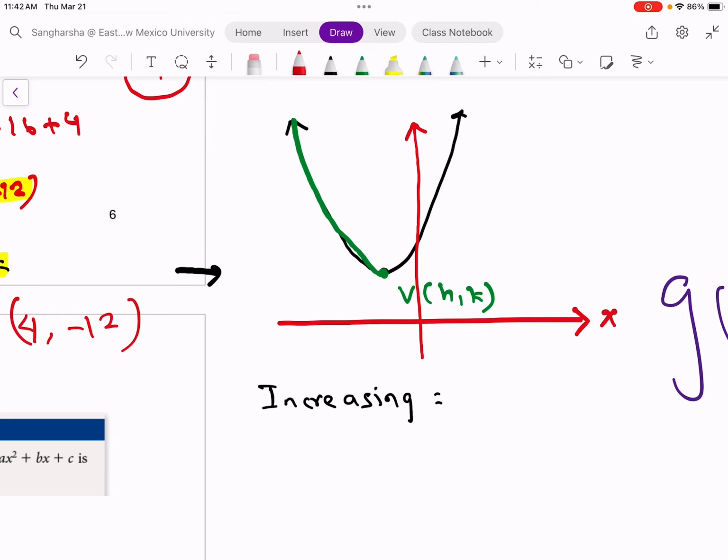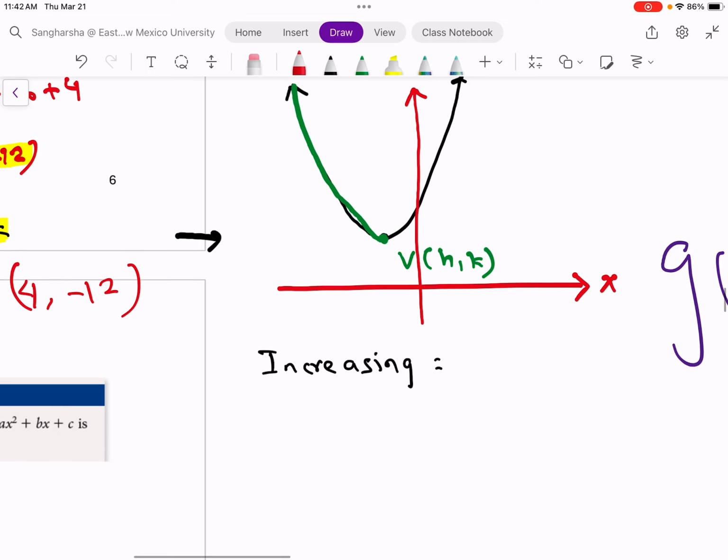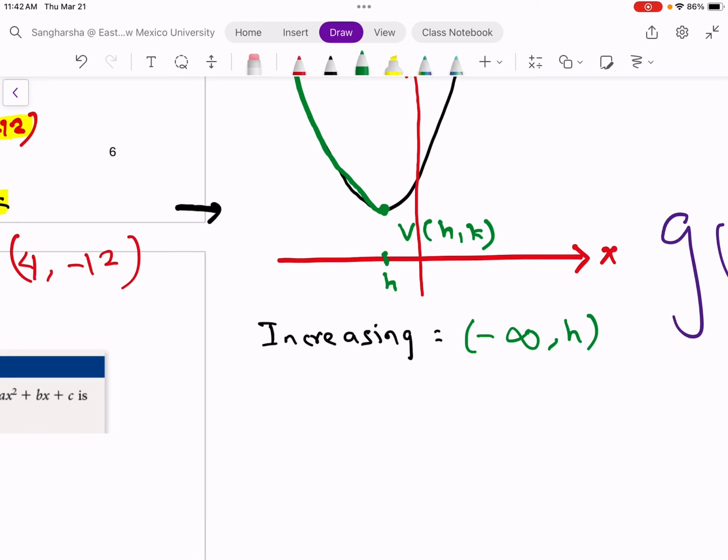Now what can we say about the interval where the function is increasing? From negative infinity to this point. The coordinate of this point is (h, k), so this is h, right? Do you all agree? So from negative infinity to h is the interval where the function is increasing. Oh, sorry, that's right, it's decreasing.